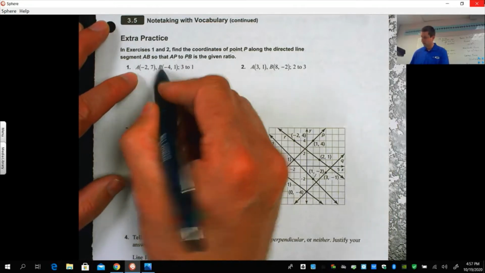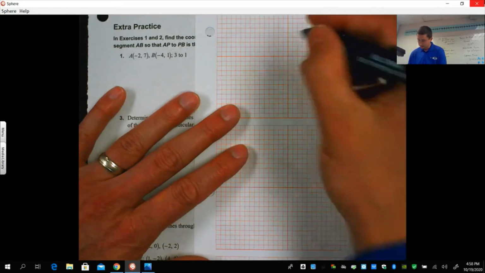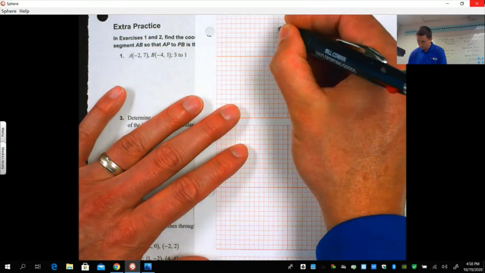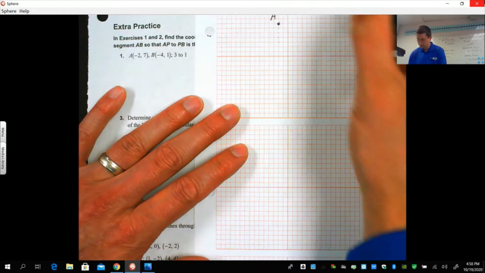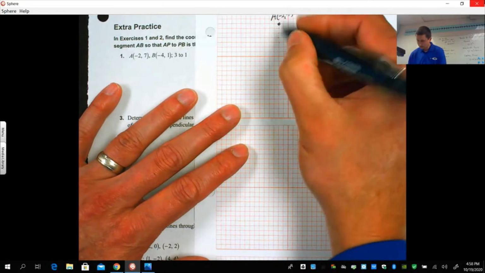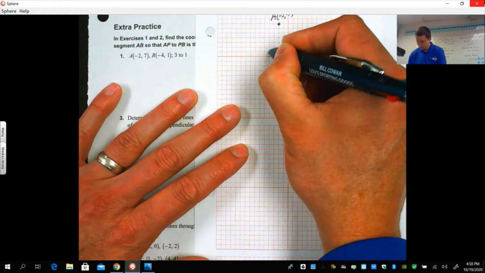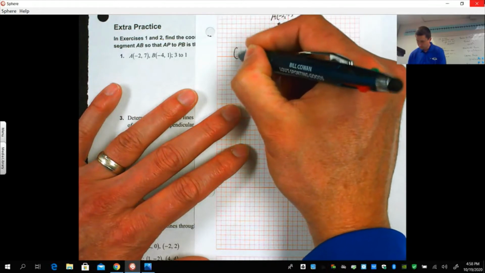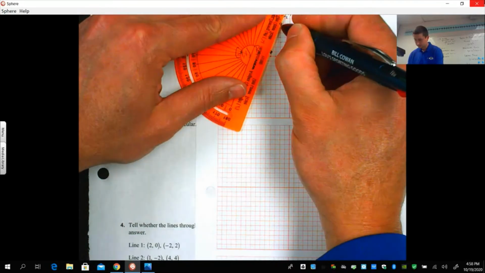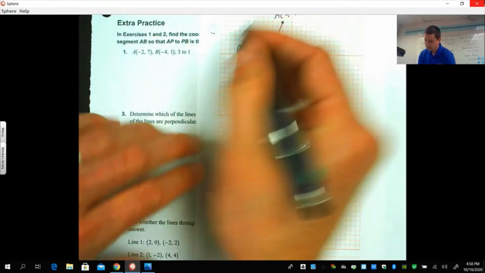So we have 2 points here. This is where we want to use graph paper. I got A at negative 2, 7. So there's A, negative 2, 7. And B is at negative 4, 1. So negative 4, 1. So we have a segment here. And they want a ratio of 3 to 1.